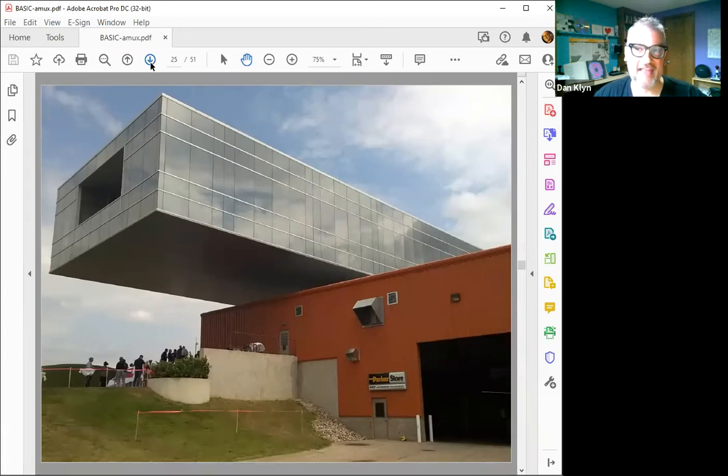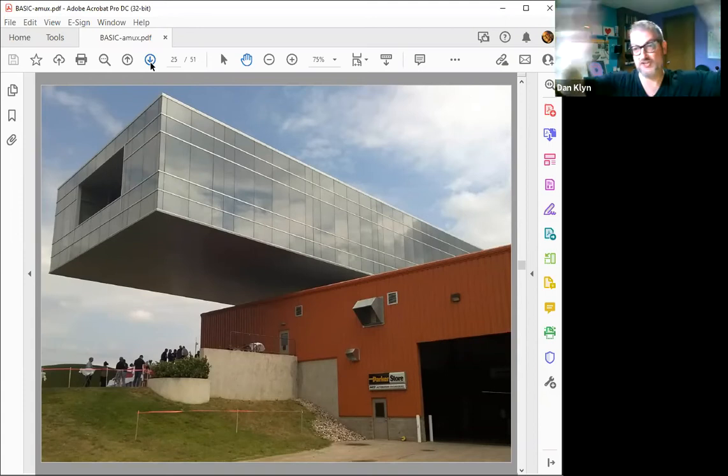And they decided to situate these two functions of their business in 2 different, the architectural word is volumes. So a giant rectangle and a fatter, squatter rectangle.